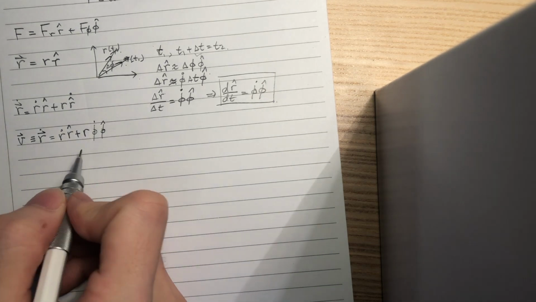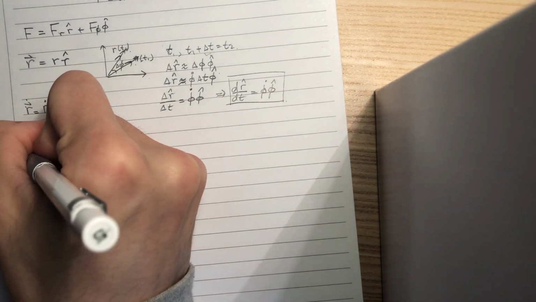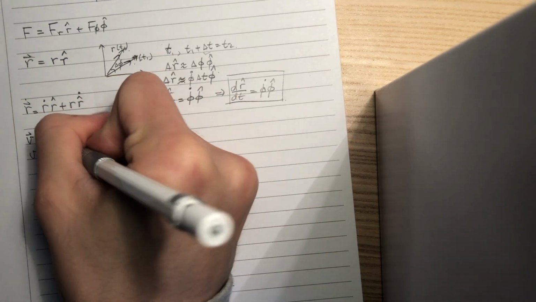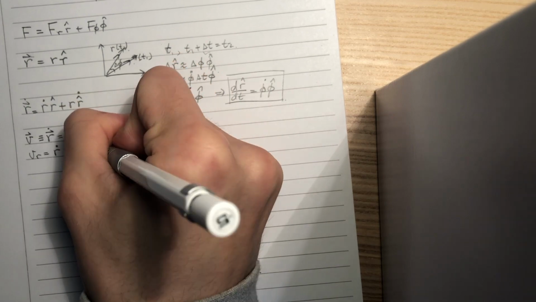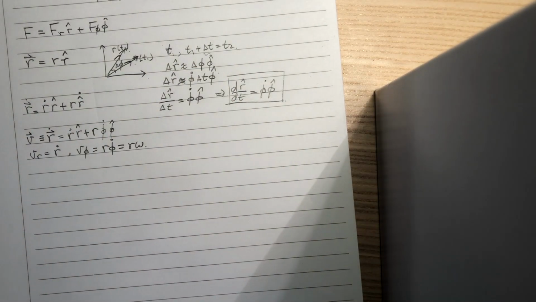So in polar coordinates, the velocity can be decomposed into two components. First, V_r, which has only r dot, and V_phi, which has r phi dot, which equals r omega.